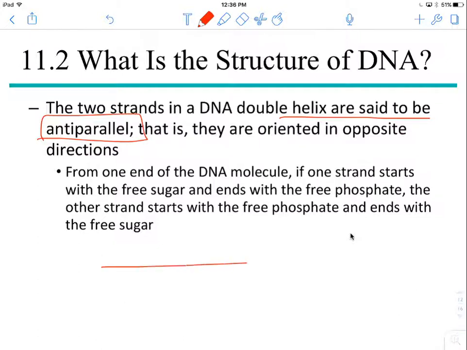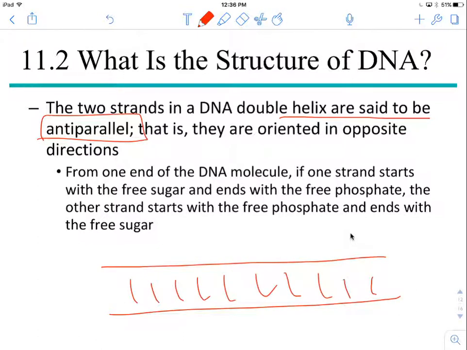So if I have my ladder here, my base is in the middle. If this strand goes 5' to 3' over here, then the corresponding strand is parallel, but in the opposite direction, 5' to 3'. And we always read 5' to 3'.